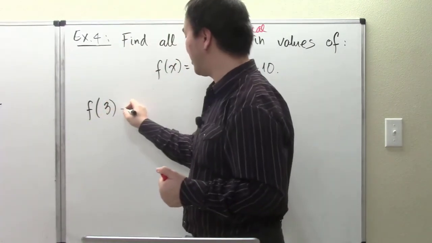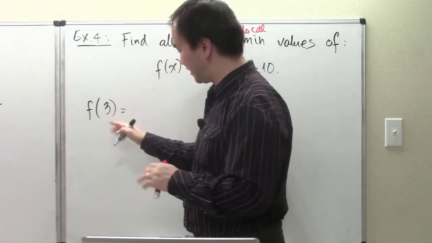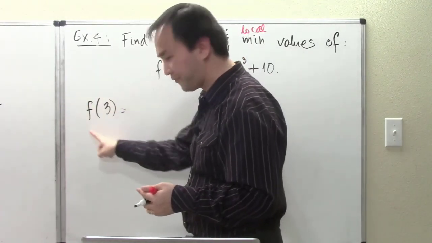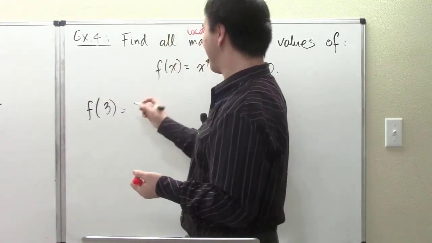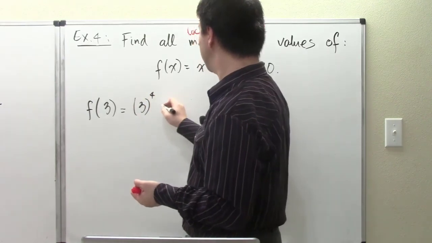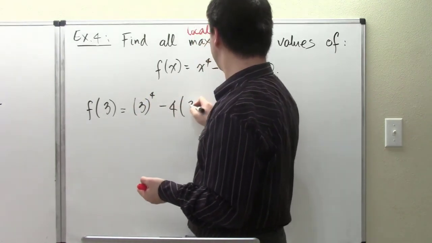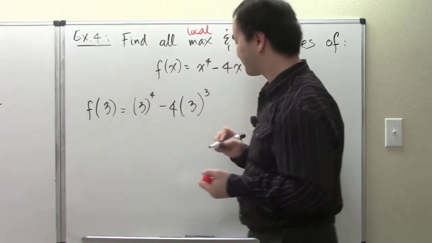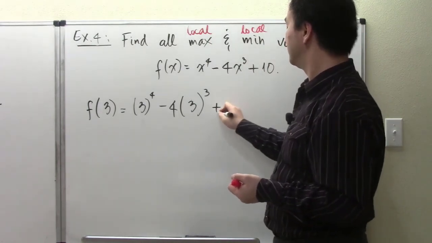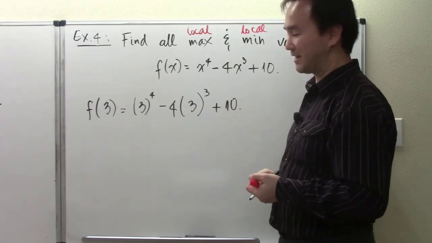Let's do that calculation now. Recall again, and look closely: I'm substituting the critical value into the function. It gives me 3 to the 4th minus 4 times 3 cubed, plus 10.